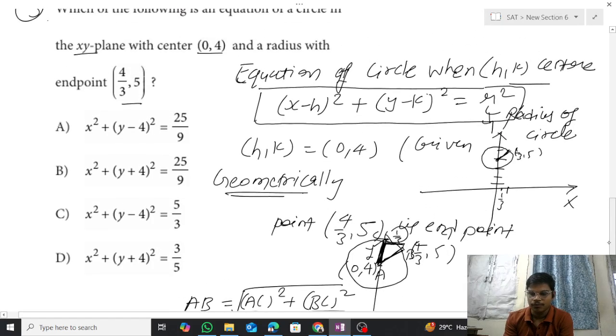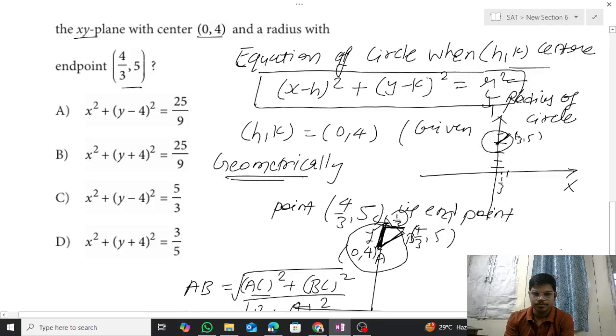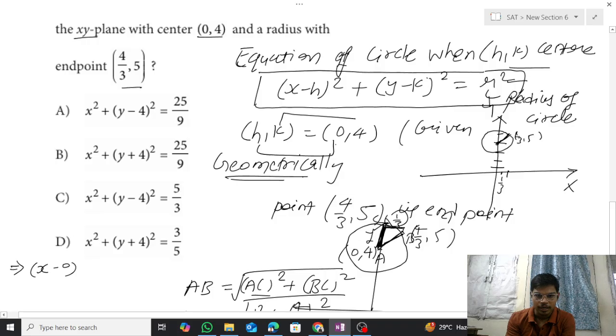What we were trying to find was that R. Just put the value in the formula. So I am putting the value in the formula. So this is x minus 0 because my h is 0 and k is 4.